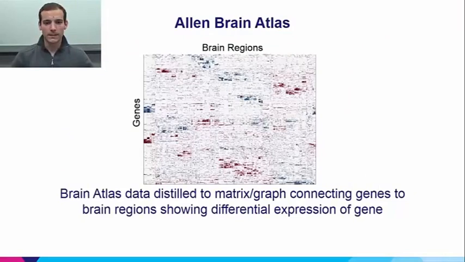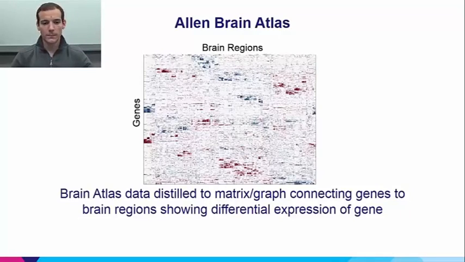The heat map on this next slide is showing you what this matrix looks like. This is connecting genes, which are labeling the rows, to brain regions, which are labeling the columns.